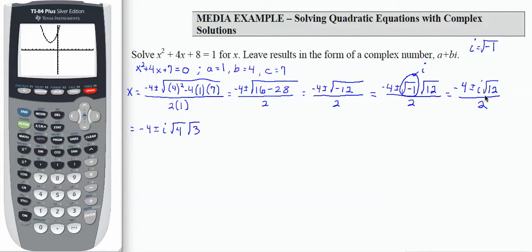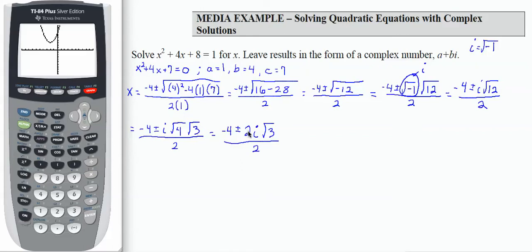All of that is divided by 2. That equals negative 4 plus or minus square root of 4 is 2. I'm going to take that 2 and move it in front of this i. Just looks a little bit better to have the number up front. Square root of 3 over 2.